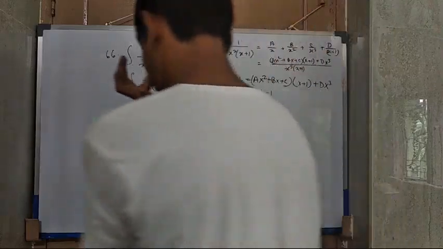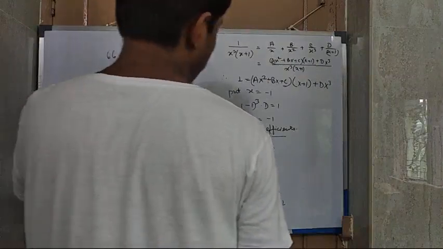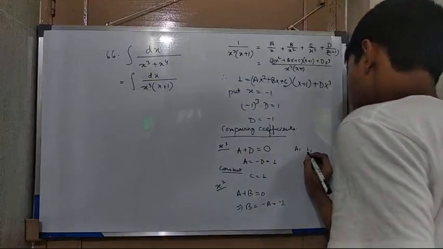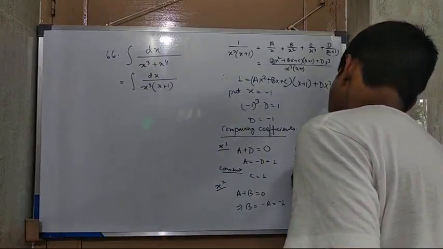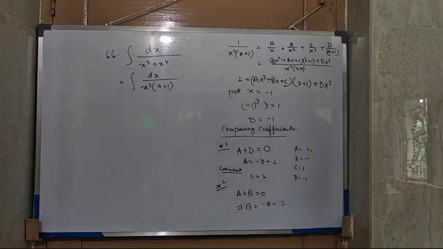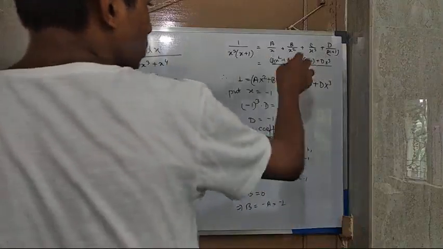So let's write them. a is equal to 1, b is equal to minus 1, c is equal to 1, d is equal to minus 1. Okay, so now we can just erase them.